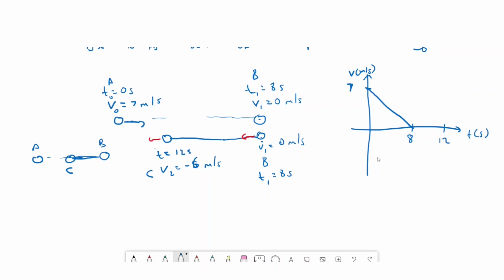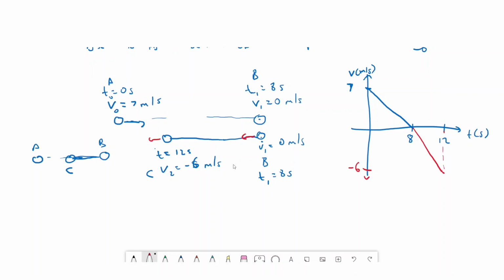So from 8 seconds to 12 seconds, they actually change the direction. Which means that now their velocity is negative, and it's going to change until they get somewhere here at -6. All right, so they change the direction, and then they move until they get to -6.